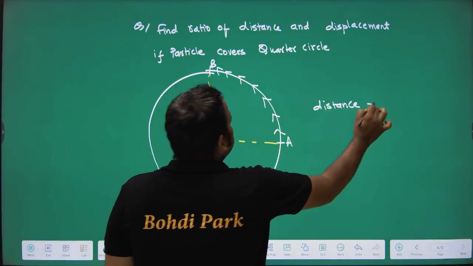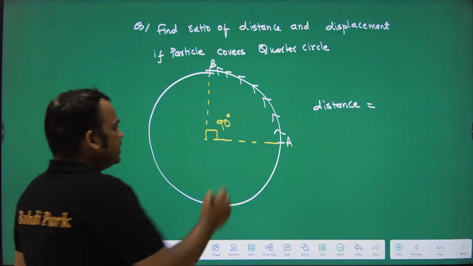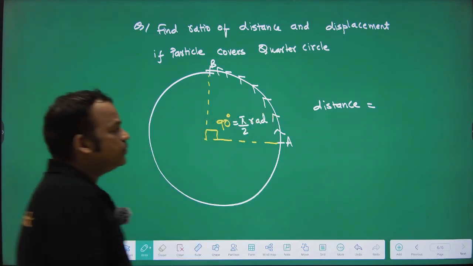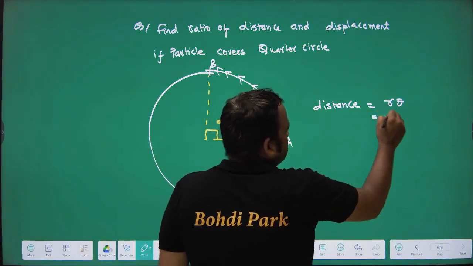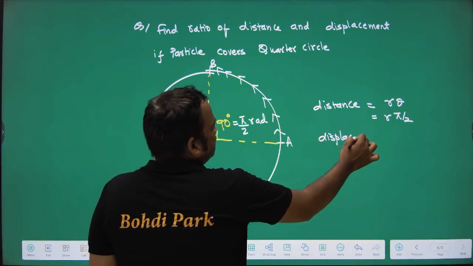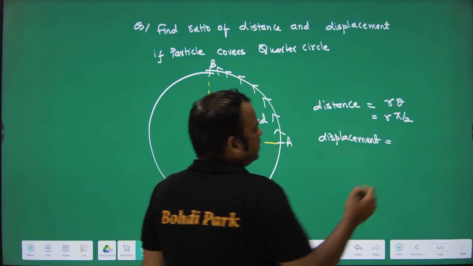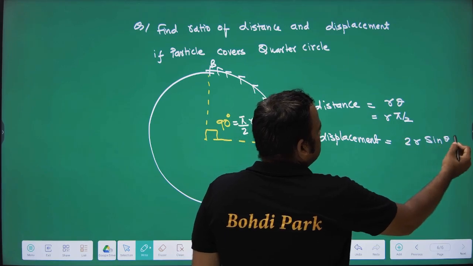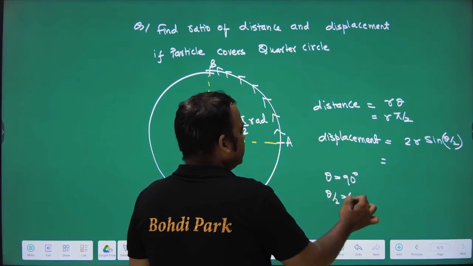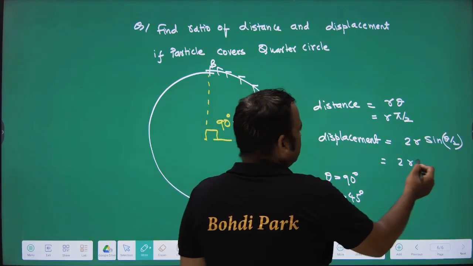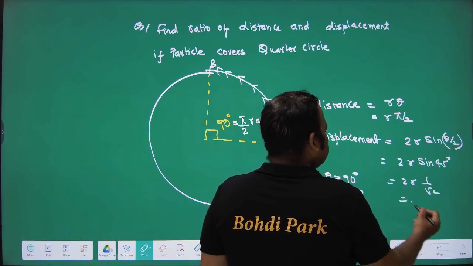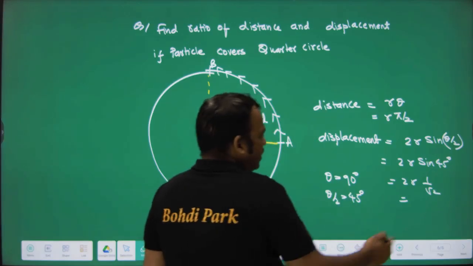In a quarter circle, the angle covered will be pi by 2 radian. So distance is equal to r theta, so r into pi by 2. Displacement has a direct formula, 2r sine theta by 2. Now theta is 90 degree, so theta by 2 will be 45 degree. So this will be 2r sine 45 degree, and sine 45 is 1 by root 2. So this is root 2 times r.